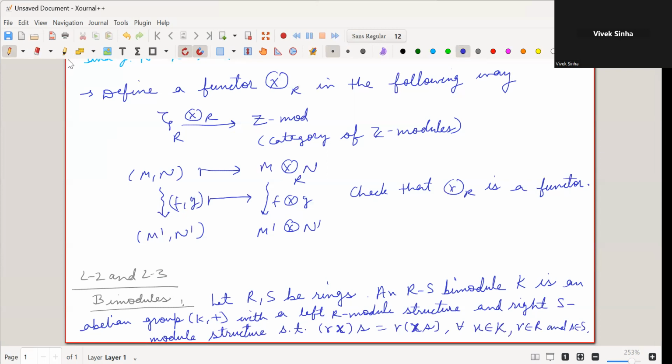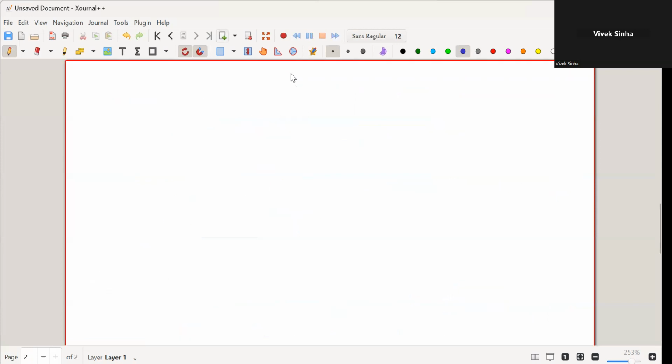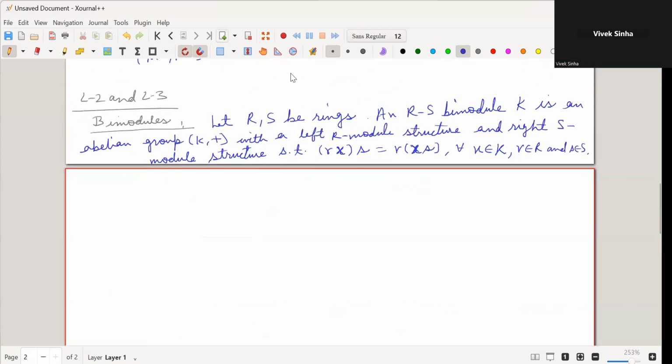Okay. So you have both the module structures, the left and right module structure, and that's why it's called a bimodule. Examples: you can take R to be a ring.